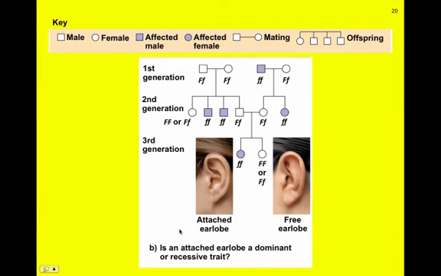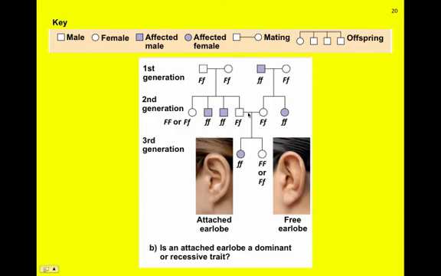Question: is an attached earlobe a dominant or recessive trait? Well, did you see it in every generation of mating? We don't see attached earlobes here, but we do see it in the next generation from this mating. Let's look here.